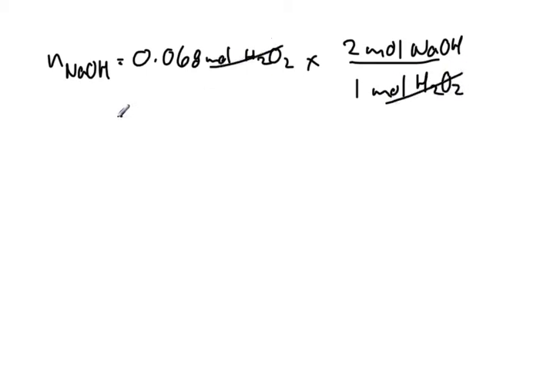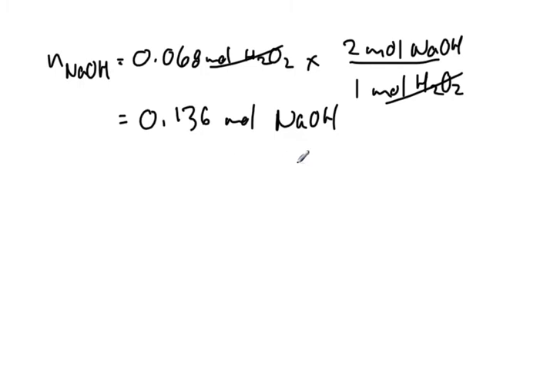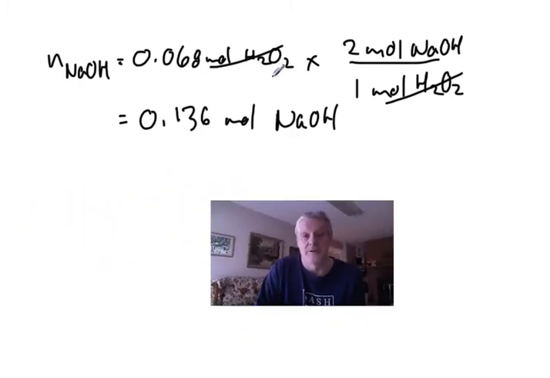Hydrogen peroxide divides out, so it's 0.068 multiplied by 2, which equals 0.136 moles of NaOH, which, if we check with our previous answer, is the same: 0.136 moles of sodium hydroxide using a molar amount of sodium cyanide, 0.136 moles of sodium hydroxide using a molar amount of hydrogen peroxide.